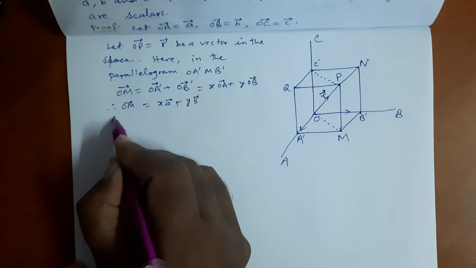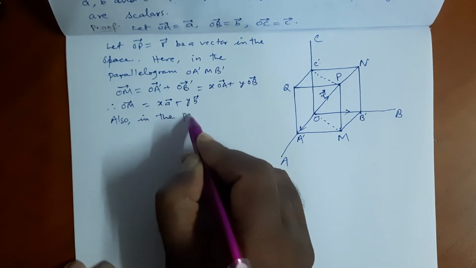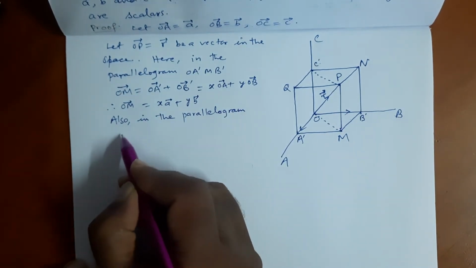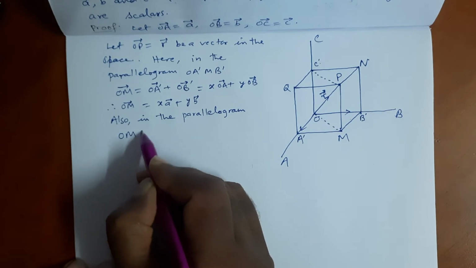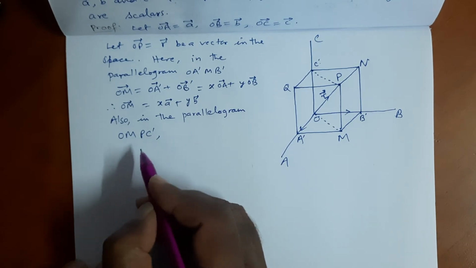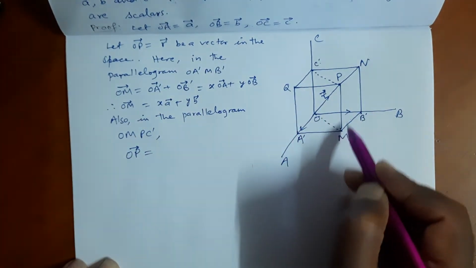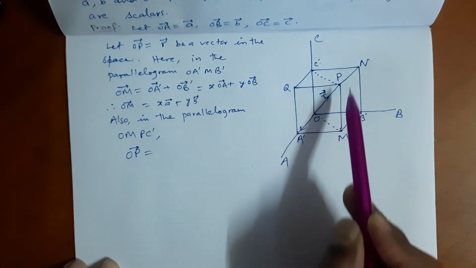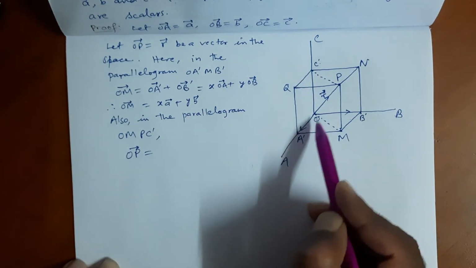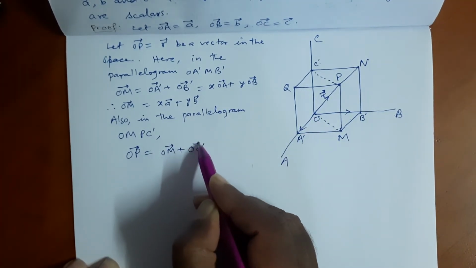Okay, also in the parallelogram OMPC dash, using the parallelogram law of vectors, OP vector equals OM vector plus OC dash vector.